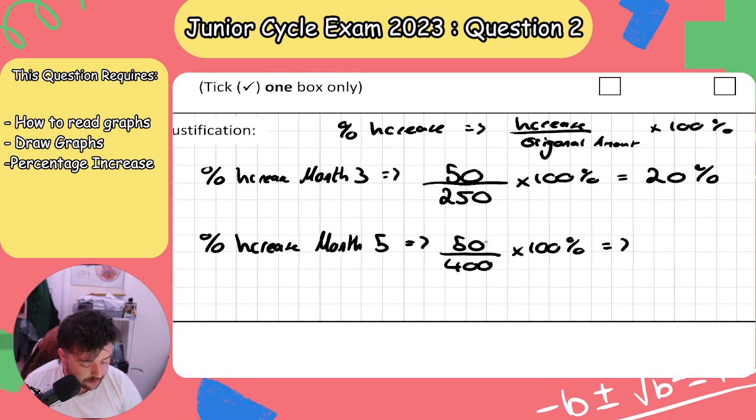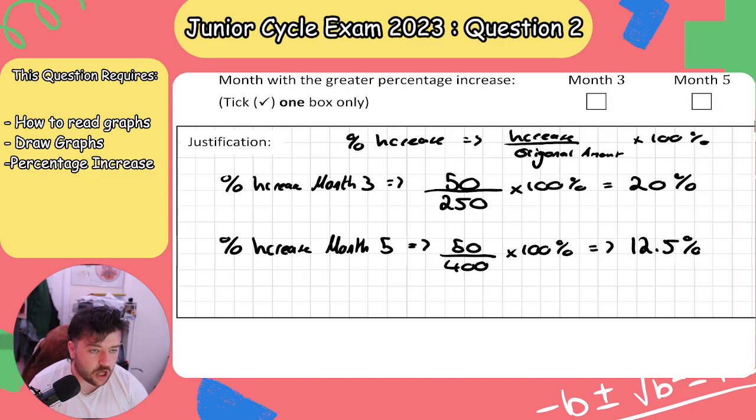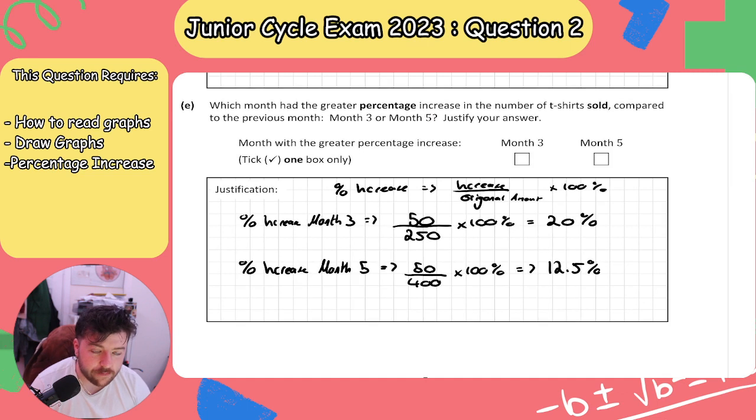So that is going to be 5 over 40, which is 1/8. Let me get my calculator out for this. I hate multiplying by 8s. And the answer here is going to be 12.5%.